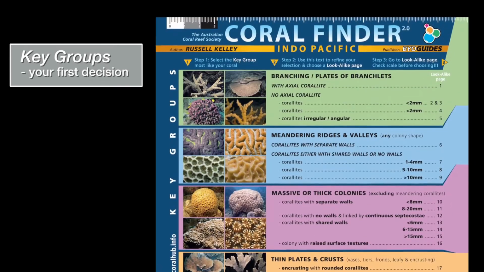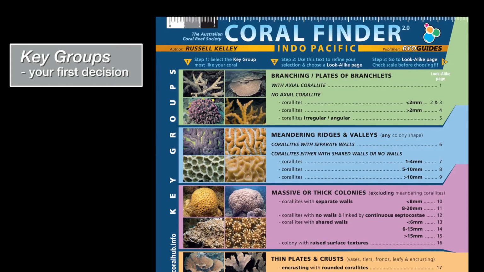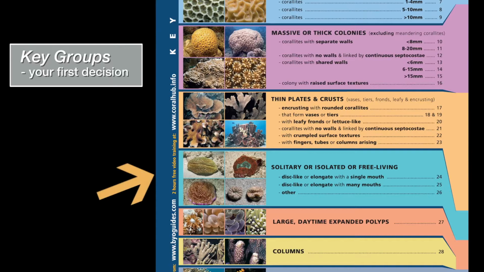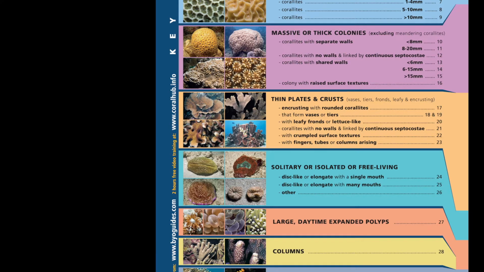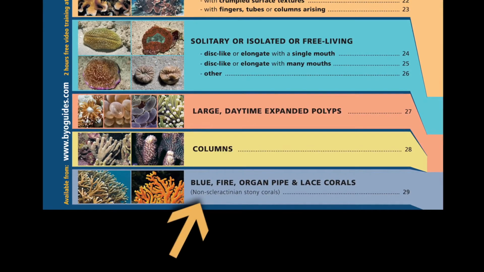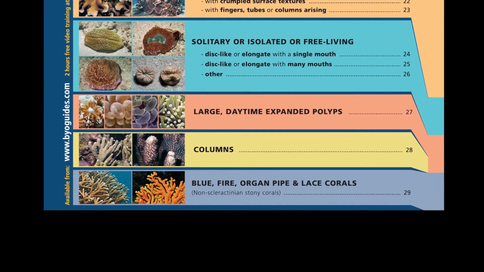For example, meandering ridges and valleys, or the lifestyle of the coral. For example, solitary, isolated, or free living. Or corals that have distinctive polyps expanded during the day. There is also one extra grouping at the bottom of the page that contains the inevitable exceptions to the rule. If you can't find the coral you are looking for, this is a good place to check.